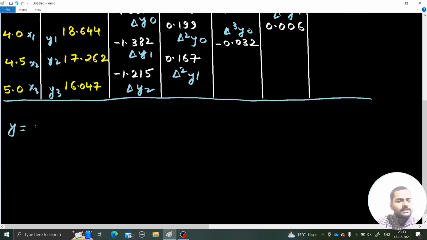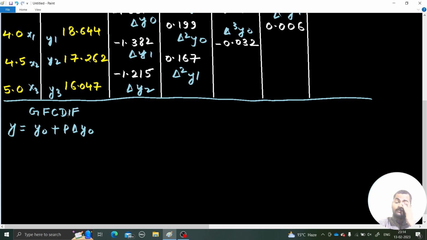Now the interesting formula: y naught plus p delta y naught, and parallelly write this, the Gauss forward central difference interpolation formula.